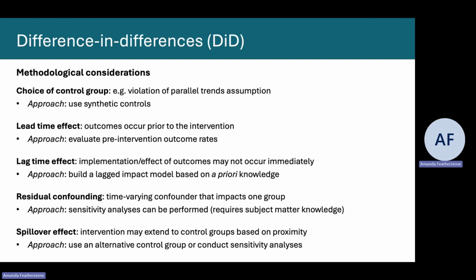As an example, if a study were to be performed in a classroom, an intervention happening in one class may spill out into other classes in the same school due to conversations between students. An approach to mitigate this would be to use an alternative control group, such as, for example, a class of students at another institution, or conduct sensitivity analyses.